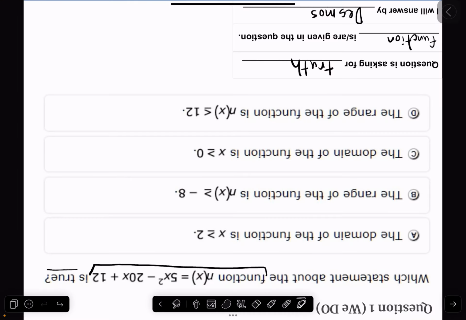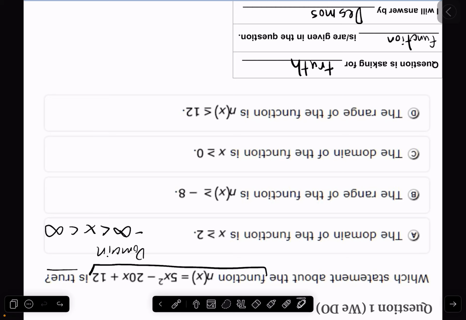There's a key feature we want to know about these in particular. The key feature is domain for any quadratic function, a function that looks like this, has this x squared in it, right? The x squared right here. It's going to be negative infinity to infinity.